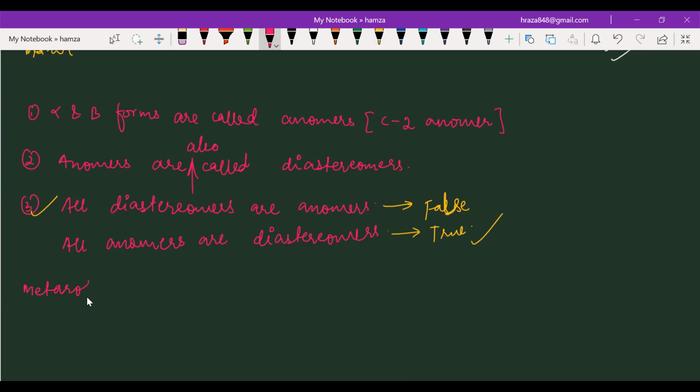Now see, there is another point which we should know. Mutarotation. Do you know what this is? When alpha and beta are in equilibrium, that point is called mutarotation. Sorry, not meta, muta rotation. So what is mutarotation?